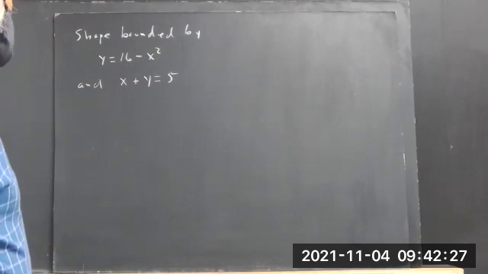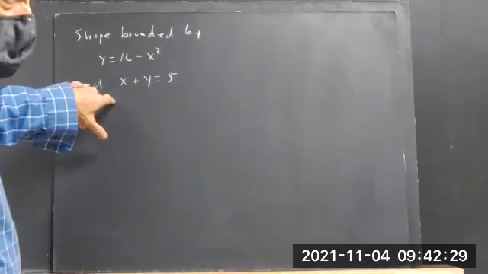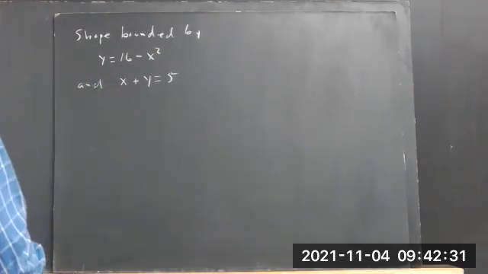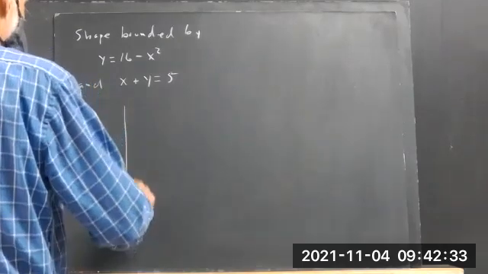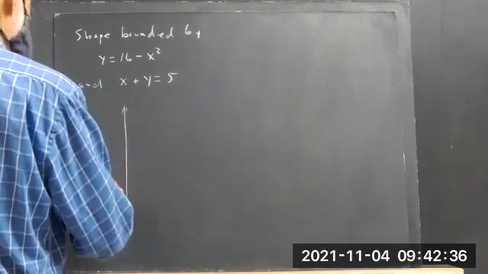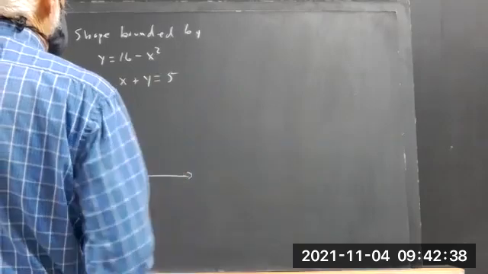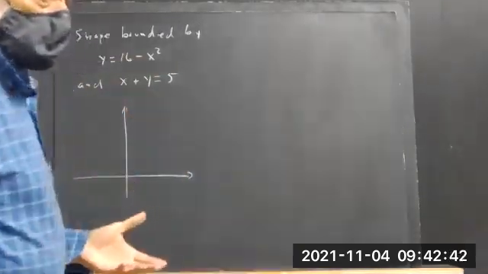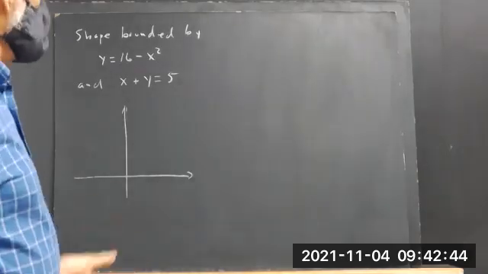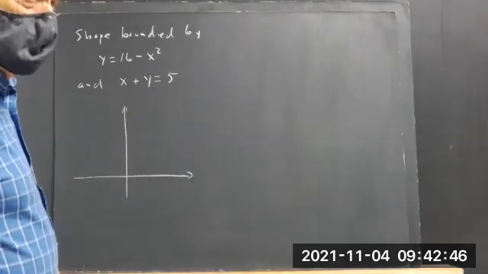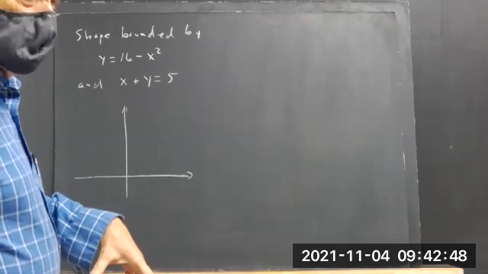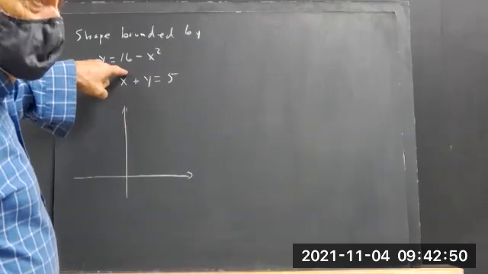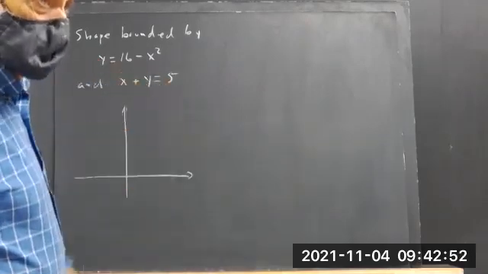So first you've got to graph these things. Y equals x squared is just your basic parabola. Okay? Turn it upside down, and you get negative x squared. Raise it up 16 units, and you get 16 minus x squared.